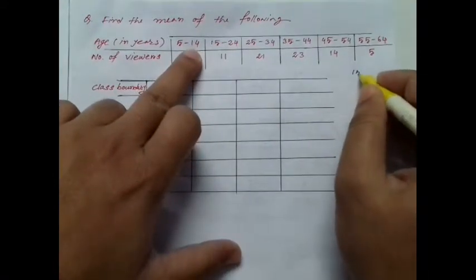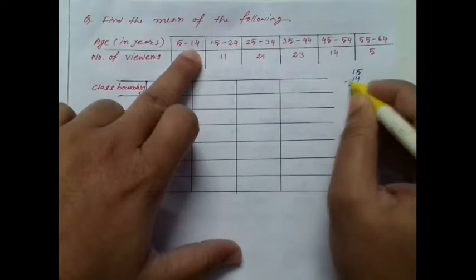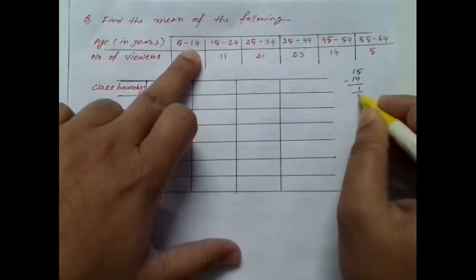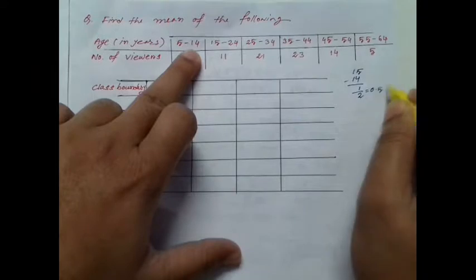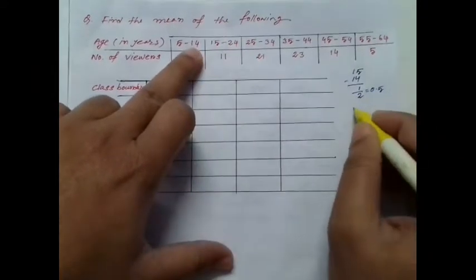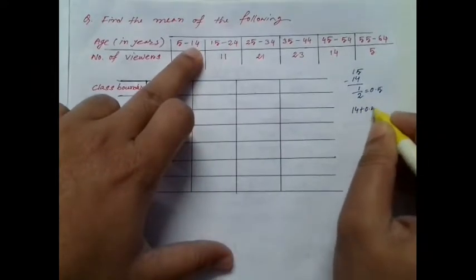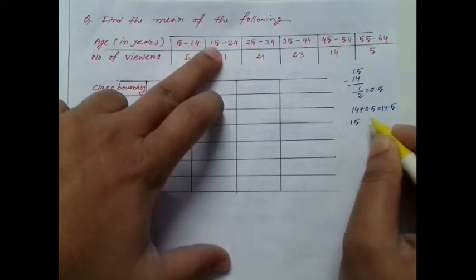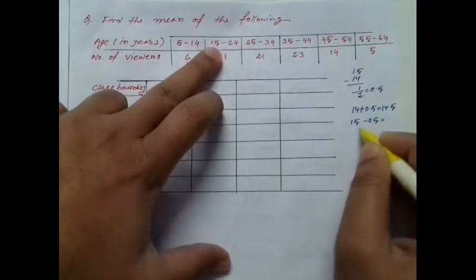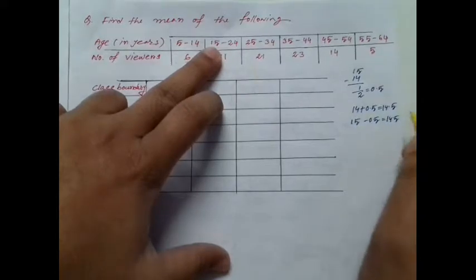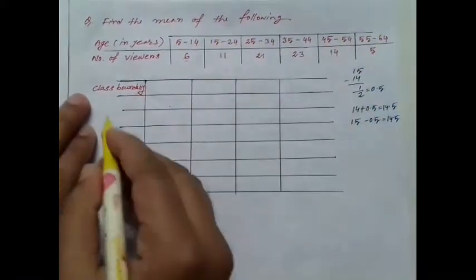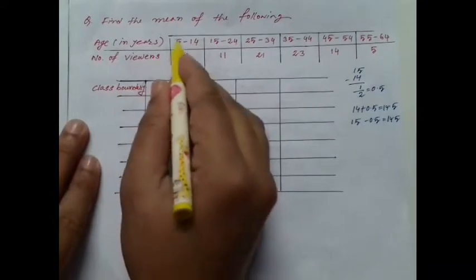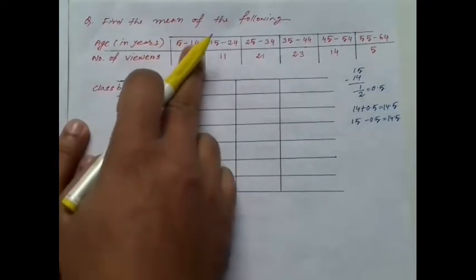Here the gap between 15 and 14 is 1, so 1 should be divided by 2, then we will get 0.5. So we will add 0.5 with 14. That time 14 plus 0.5, we will get 14.5, and we have to subtract 0.5 from 15, then we will get same thing 14.5, and for each and every class we have to do the same thing. Okay, so at first we have to subtract from lower limit and we have to add with upper limit.